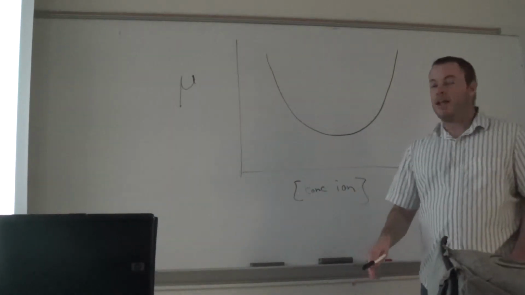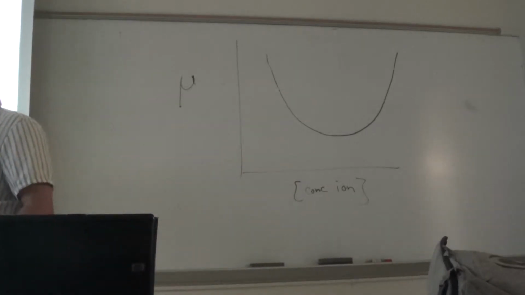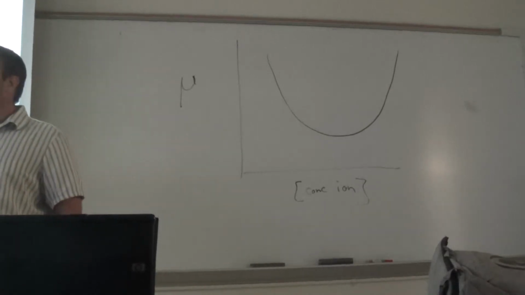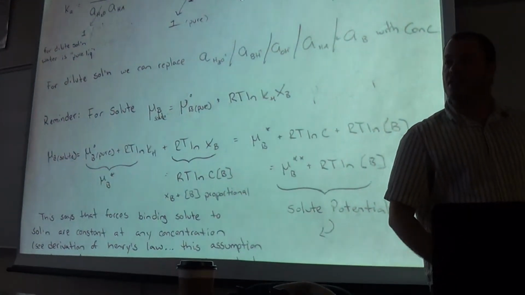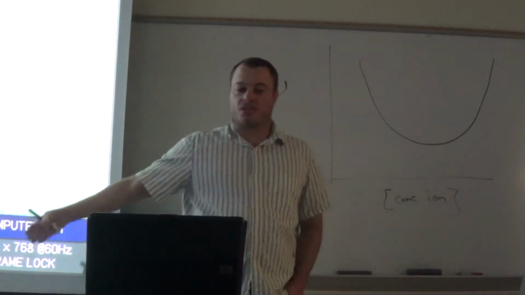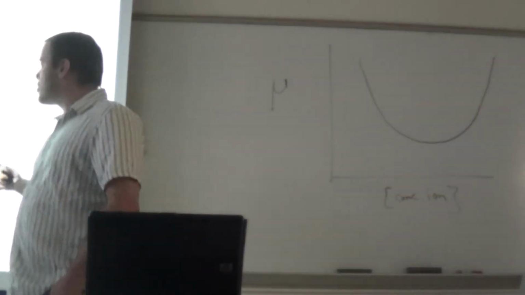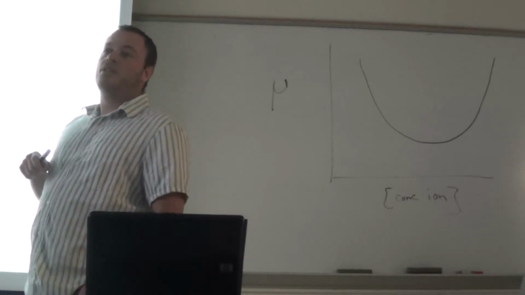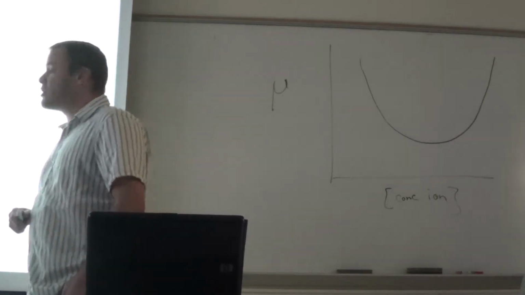In short, it's not a safe assumption that you can monitor the chemical potential of the solute by having some constant multiplied by the mole fraction, because the chemical potential does not go as a constant times the concentration. There's some changing magnitude with concentration. So this is not a good mathematical approximation for the chemical potential of a solution as concentration increases.